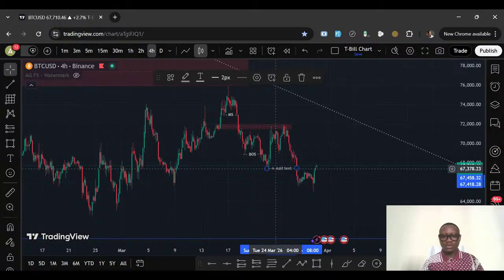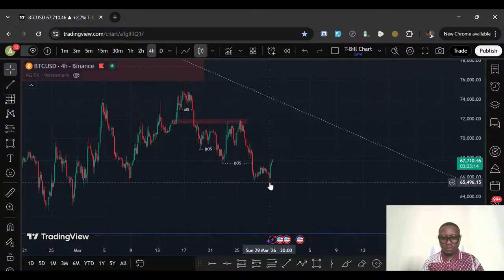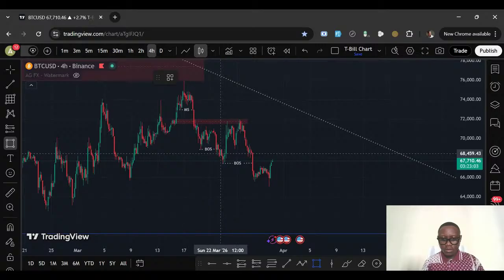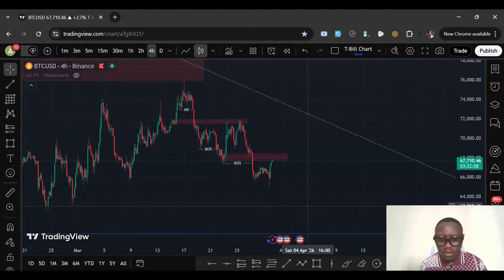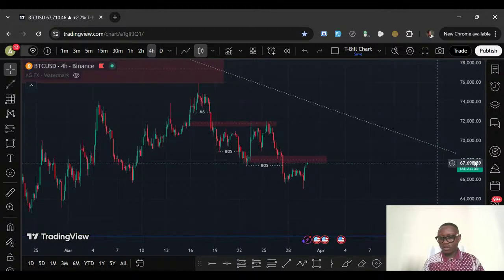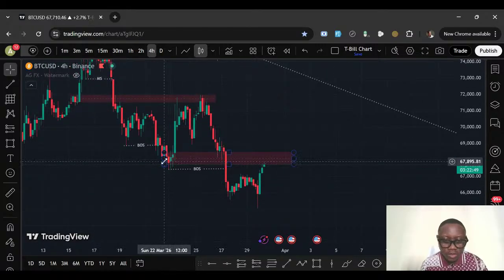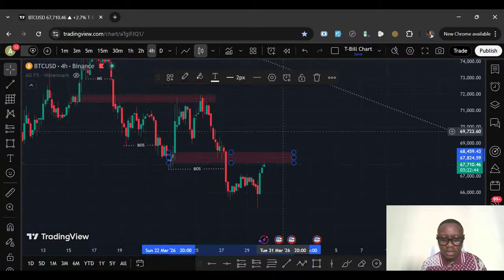There's an inducement, so we'll anticipate price to react to this. Perfect. So price is currently reacting at this breaker block on the 4H time frame, which is this guy right here.